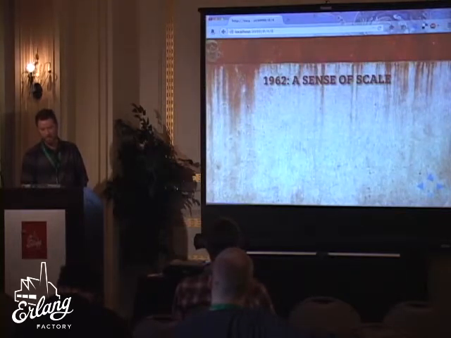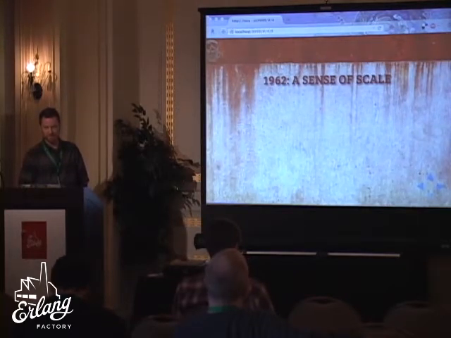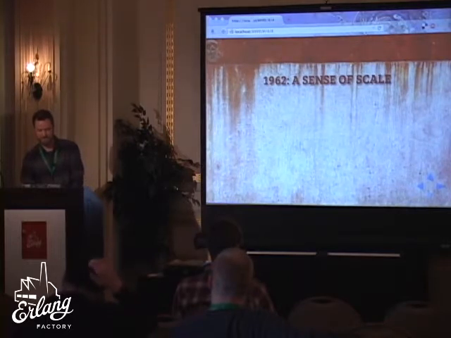By this point, computing had lived in the minds of the public for only 16 years, like all of computing. UNIVAC, the first successful commercial computer, had shipped in 1951, which is 7 years before Lisp was conceived. And IBM's first mainframe, the 700 series, had shipped a year later. And so this is just shortly after this time period. Everything was new.